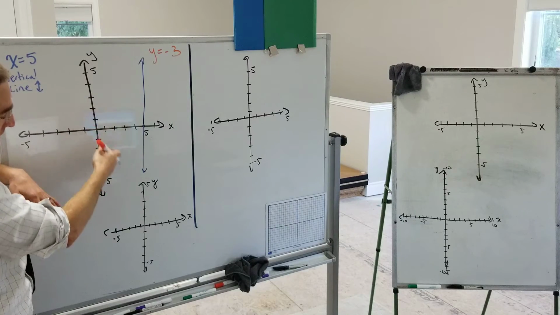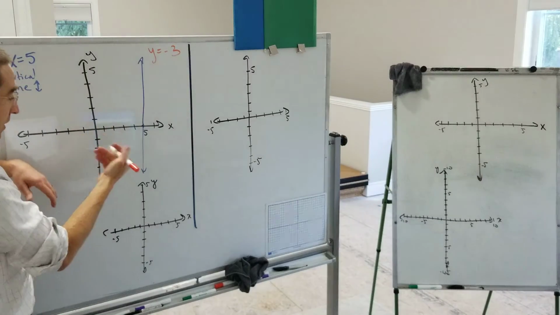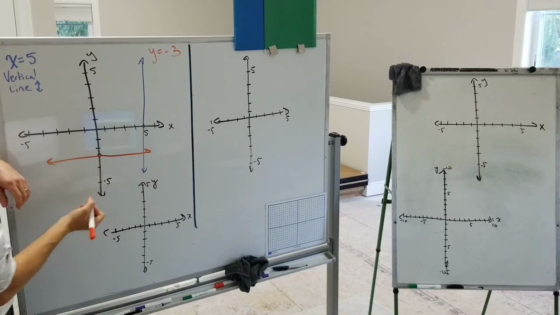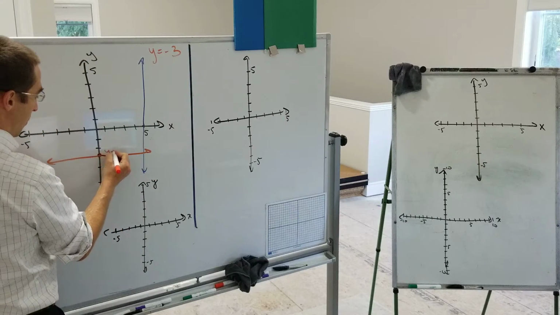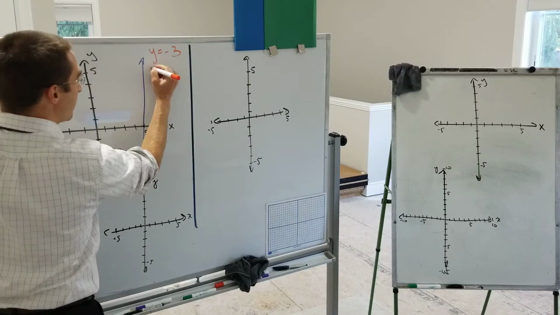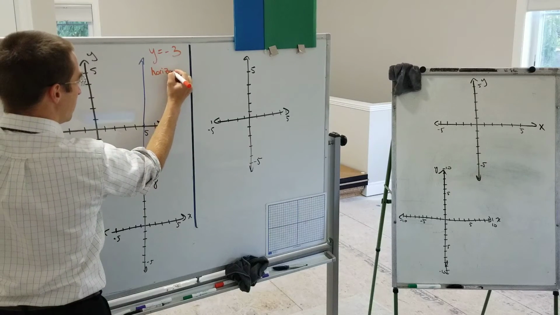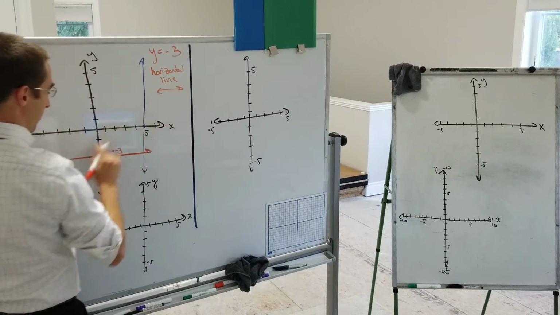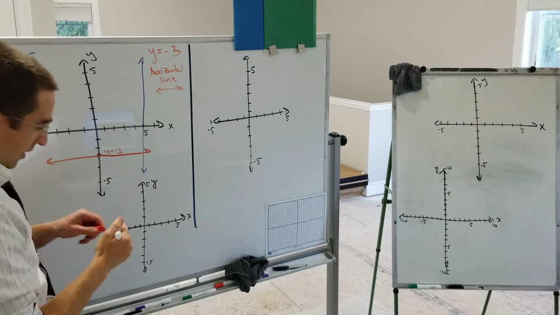If I go up or down from this point, my y number changes. So what I have to do is go right and left from that point. So this is the line y equals negative 3, and it is a horizontal line going left to right through the point where y is equal to negative 3.